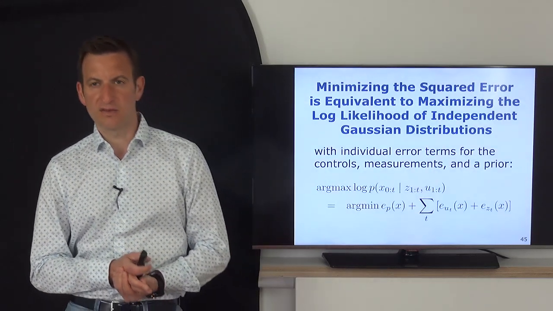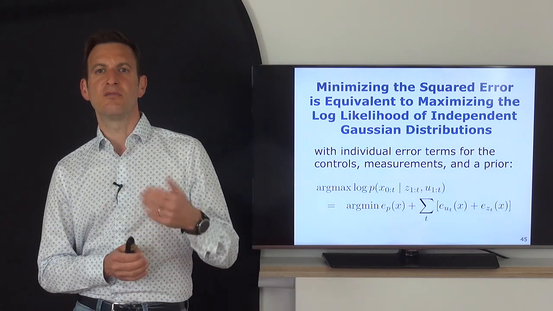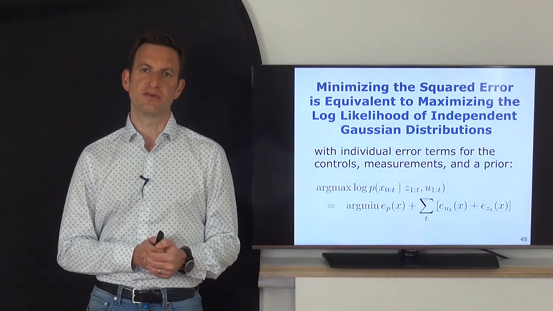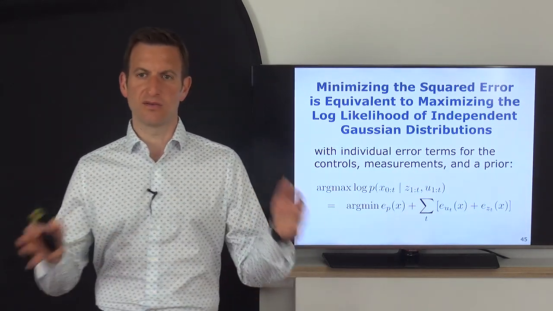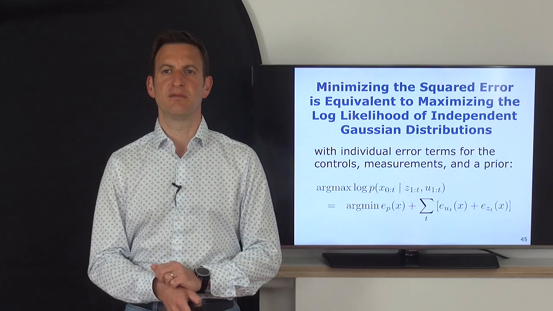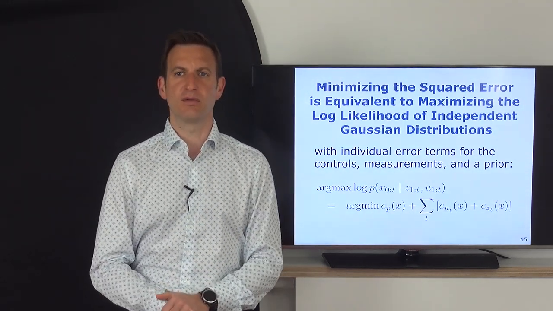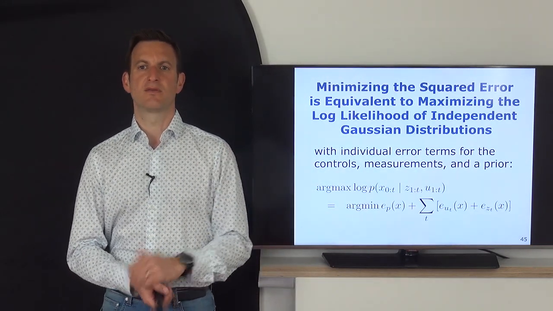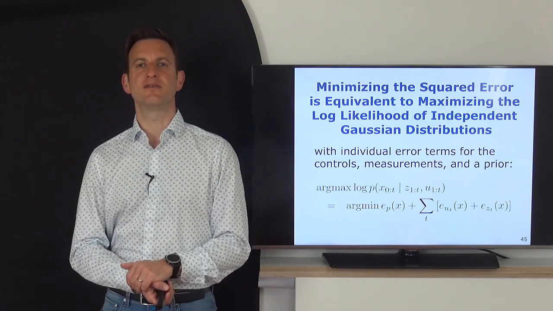So this means that minimizing the squared error is equivalent to maximizing the log likelihood of independent Gaussian distributions. If we assume everything is Gaussian and we have independent observations, then computing the solution to the least squares problem is equivalent to computing the mean, so the most likely configuration of that probability distribution.